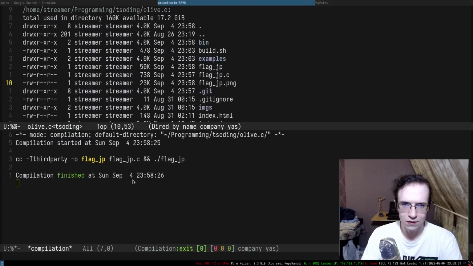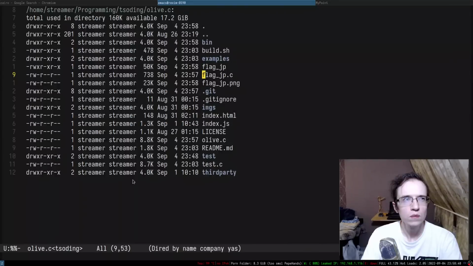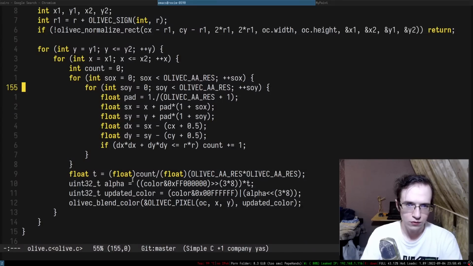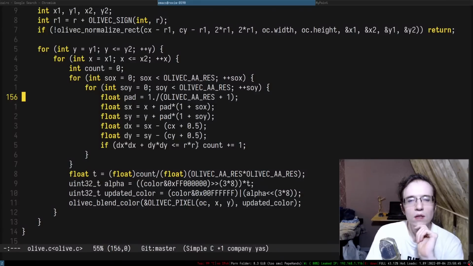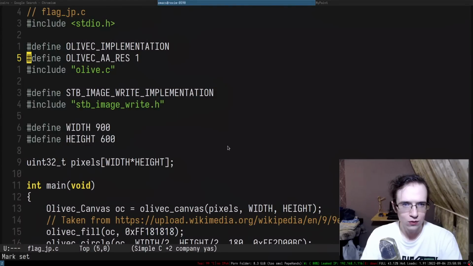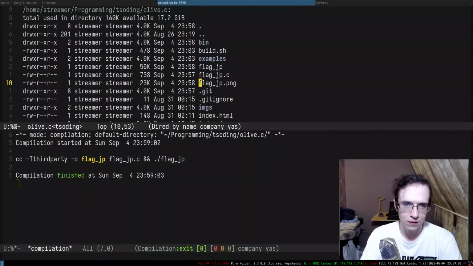So that means I didn't disable this thing, which is kind of weird, isn't it? Because, wait a second. If you have one in here, why when I set AA res 1 in here, does it not work with the Japan flag?